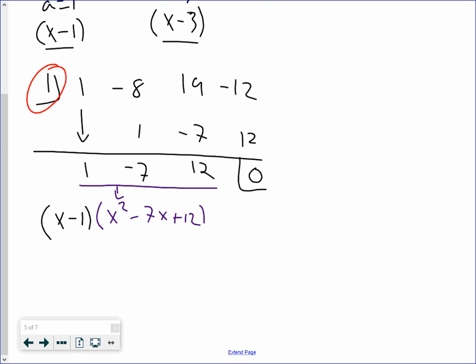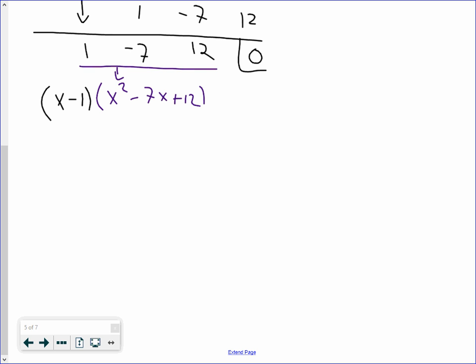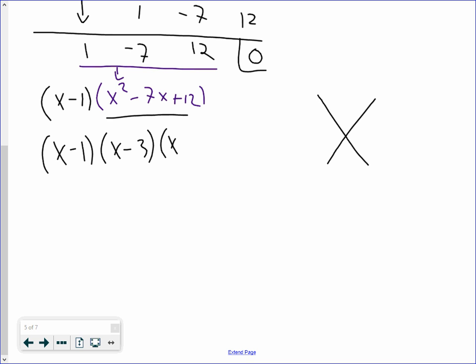So what I can do from here is I can keep factoring out this x squared minus 7x plus 12. The good thing here is that I already know that the one other factor of this polynomial is going to be x minus 3. So I need to know what x squared minus 7x plus 12 is going to factor out into.